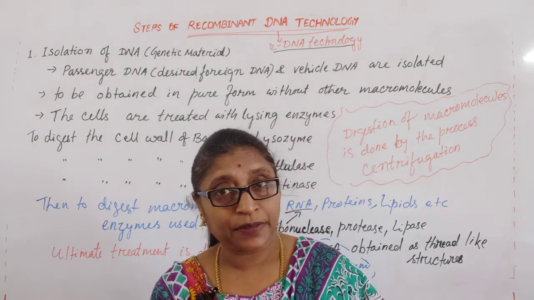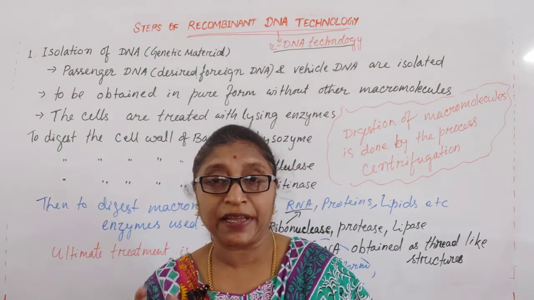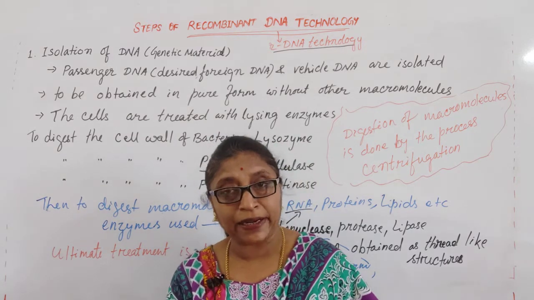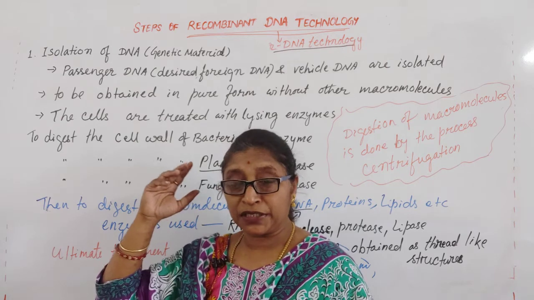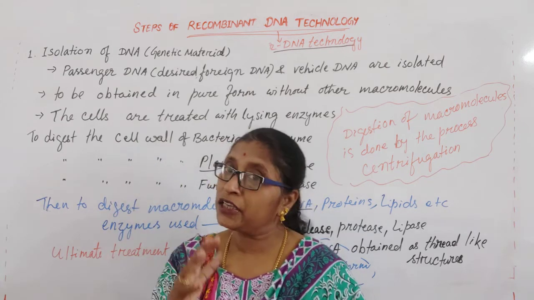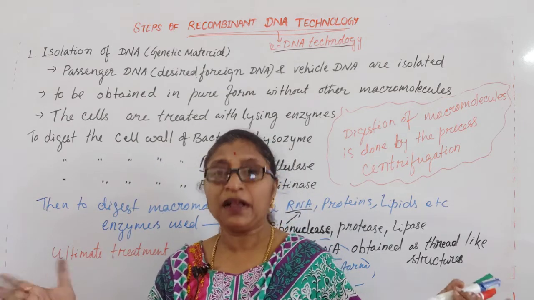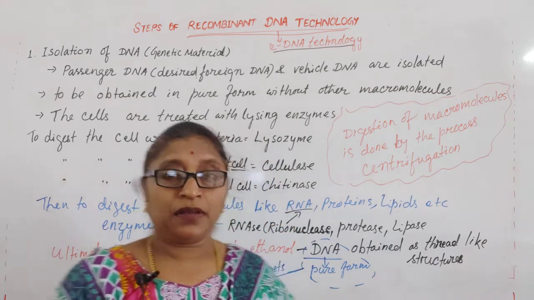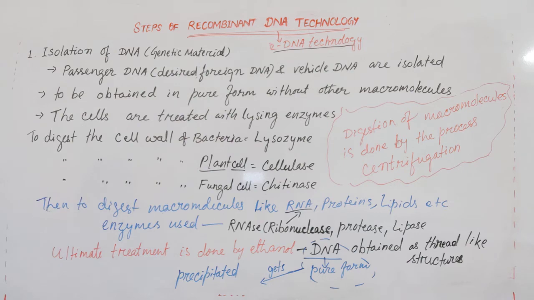Next, let us discuss the cutting of DNA at a specific site by using the restriction endonuclease. Now, pure DNA without any macromolecule we obtained for the passenger DNA as well as the vehicle DNA. Then we have to cut it by using the same enzyme, the same restriction endonuclease.